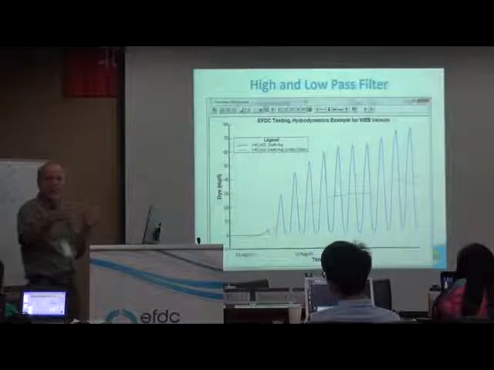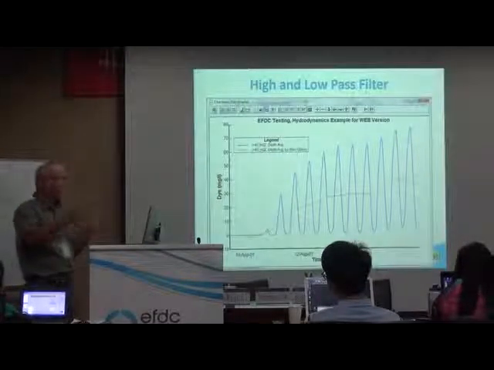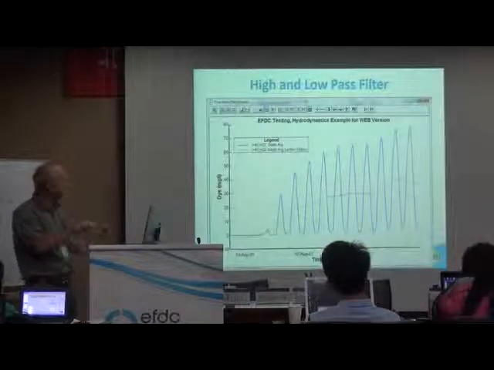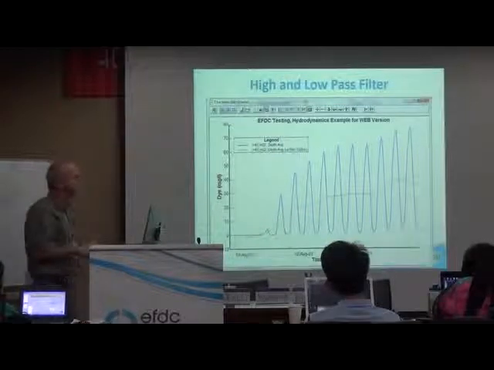So if you've got a year-long simulation and you have tides in that period, all you can see is just a big thick blob, but you apply a filter to it and you can see the underlying signal in the data.